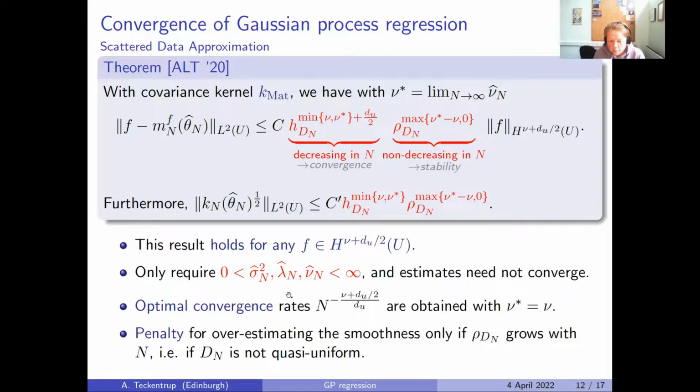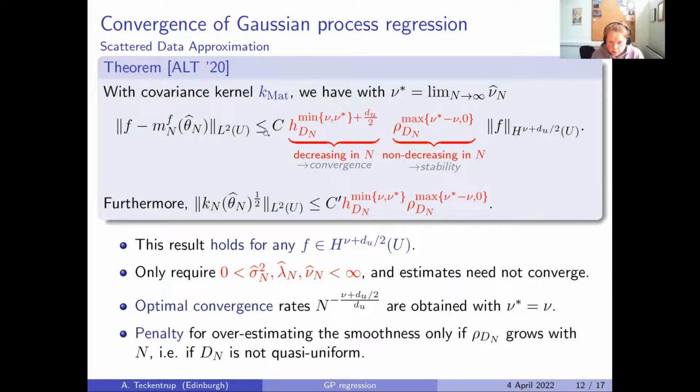For the estimated hyperparameters, you don't need the estimates to converge, right? The estimated variance, so the sigma squared and the lambda, actually only enter the constants, so these constants c and c prime here. The estimated smoothness also affects the rates, right? Because that's what usually enters the rates in these kinds of estimates, how smooth you're assuming things are.